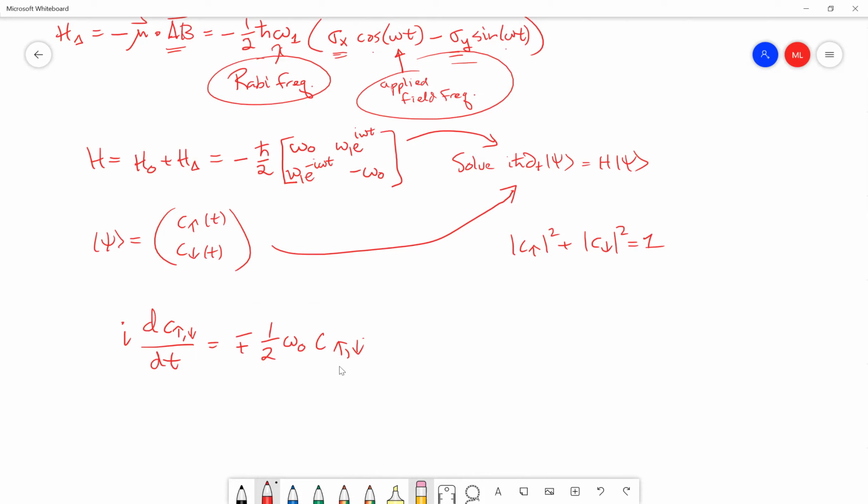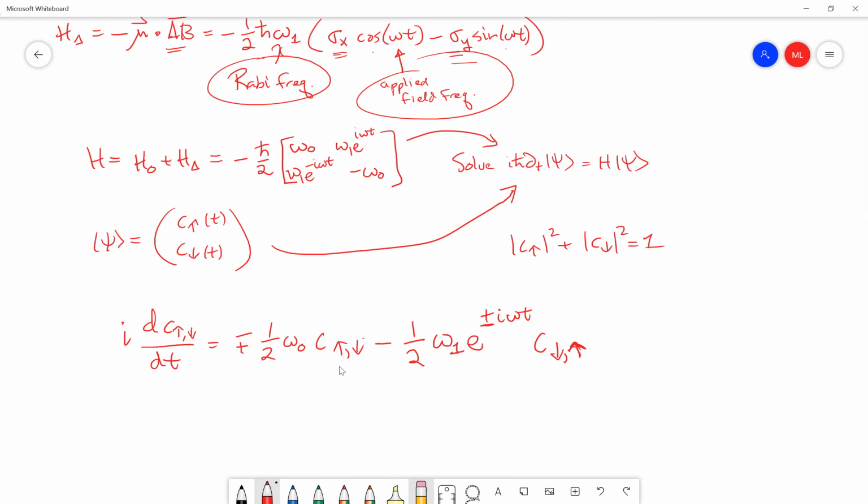That's just the diagonals. And then you have the couplings between up and down, and that's generated by the off-diagonal guys. And that's 1/2 omega 1 e to the plus or minus i omega t C down, up, where the plus is for the first case of up, and the minus sign is for the second case of down. So you see it just couples up and down.